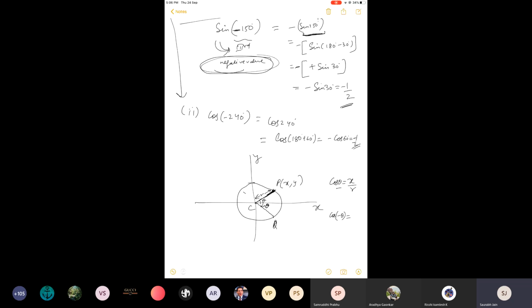If you have understood the new definition, can anyone explain or tell me what will be cos of minus theta from the new definition? What do you think? Or what do you require to write cos of minus theta?